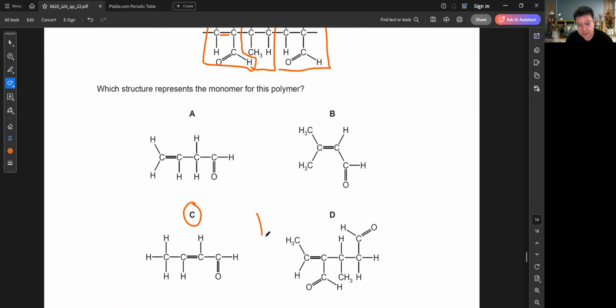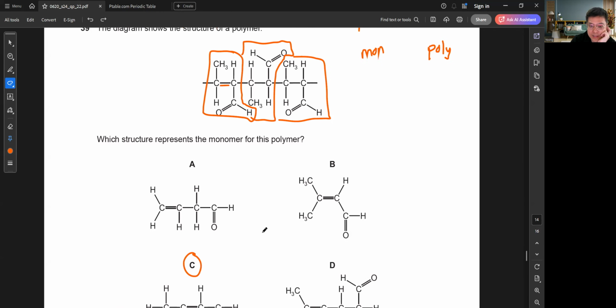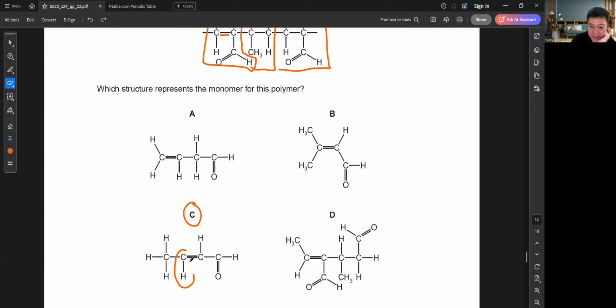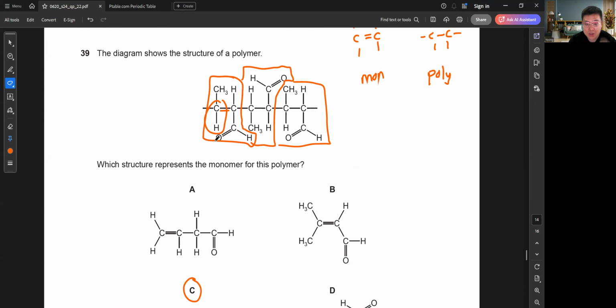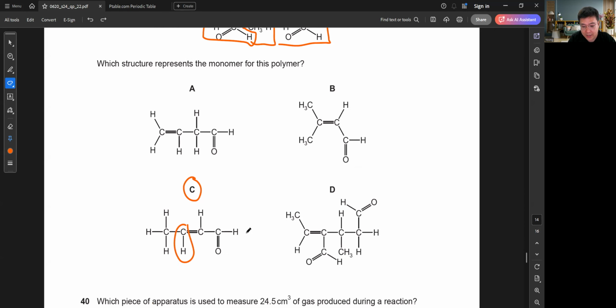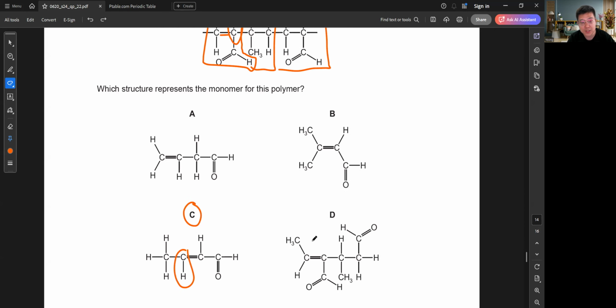Let's double check. So here is the CH, which is this CH here. And then this is connected to a CH3, which is this CH3 here. And then here there's this H, which is CH here. And then there's C, O, and H. So the answer should be C.